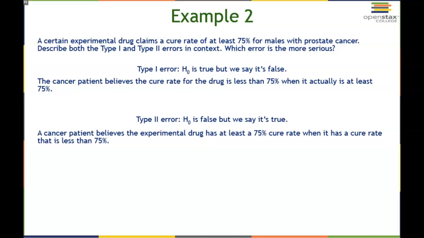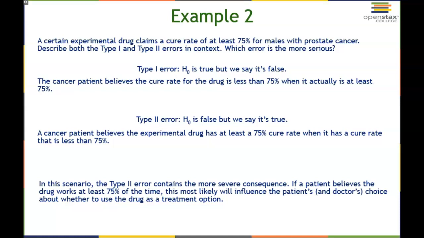Now, in this scenario, a type 2 error might have more severe consequences. Here's the reason why. If a drug is not as effective as what we think it is, what we say it is, then that could influence the patient and the doctor's choice about whether to use the drug or not. So let's give you true numbers here. Let's say our hypothesis is the cure rate is at least 75%, but the actual cure rate is 10%.